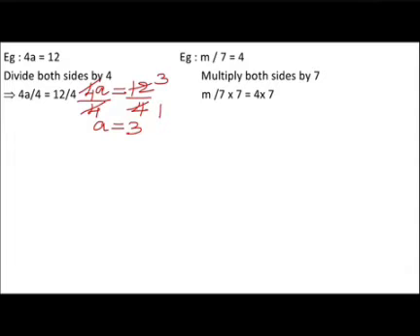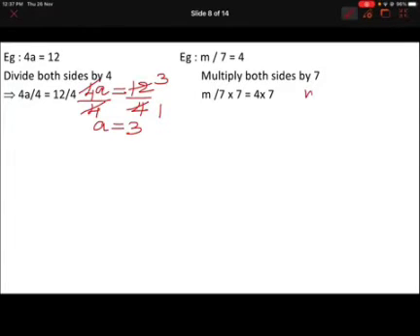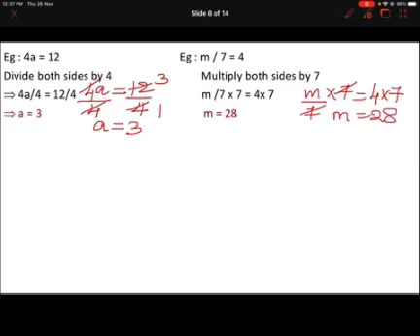Here m by 7, children. 7 is in the denominator. So, how to get rid of that 7? Multiply 7 on the LHS. 4 into 7. So, I have not changed anything. Balance is proper. Now, 7 and 7 get cancelled. M equals 28. Okay. A equals 3. M equals 28. Very simple, is it not?